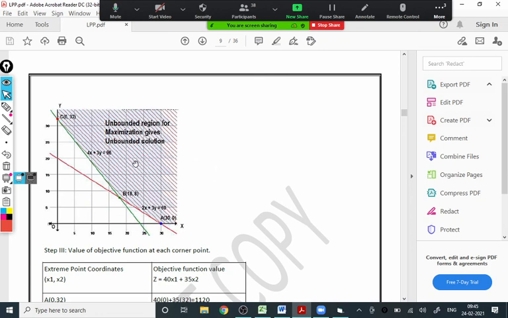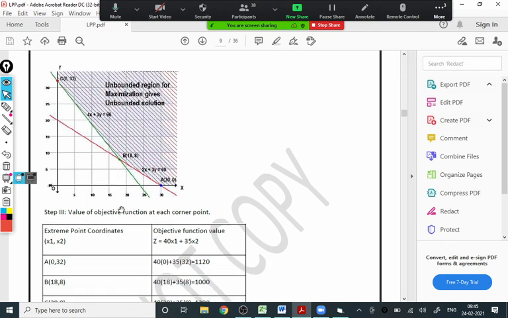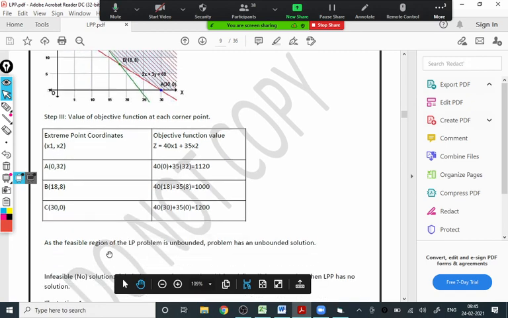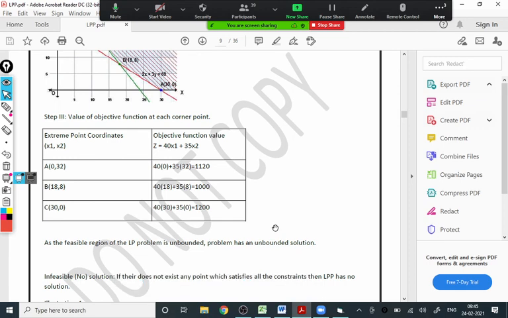Any doubt here on the unbounded solution? No, sir. No doubt, because it is clear that we get values of z like that, but as the problem is of maximization and the region is unbounded, the solution also is unbounded.